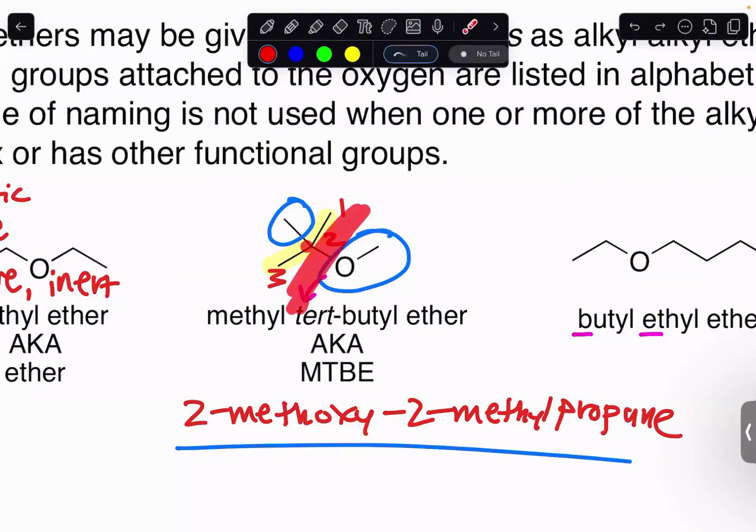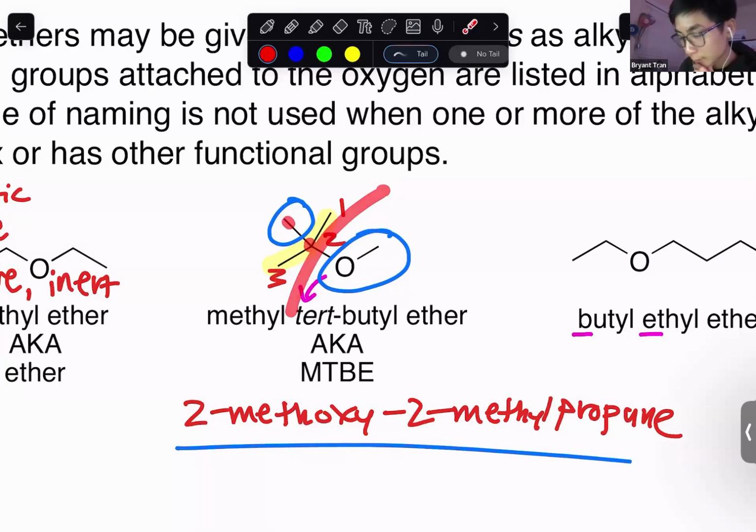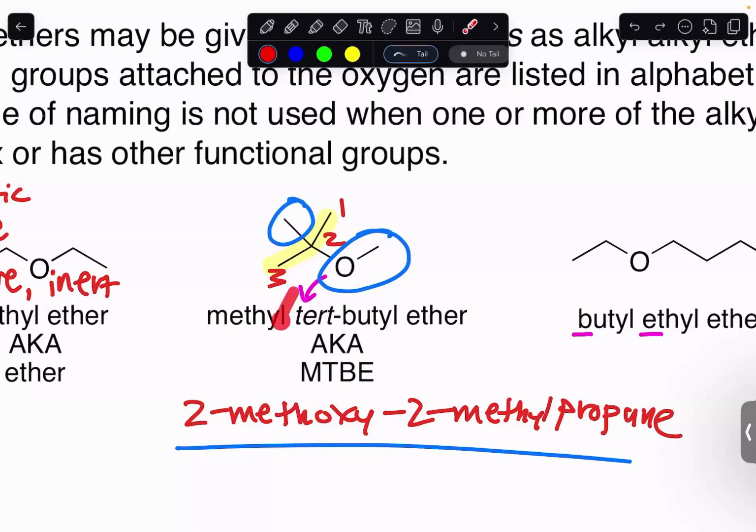And if we're sticking with that, then we don't say this is tert-butyl. If we want the full IUPAC name without using any common names, we can't use tert-butyl. We have to find the longest chain here, which is this 3 carbon chain. It doesn't matter which direction we number.